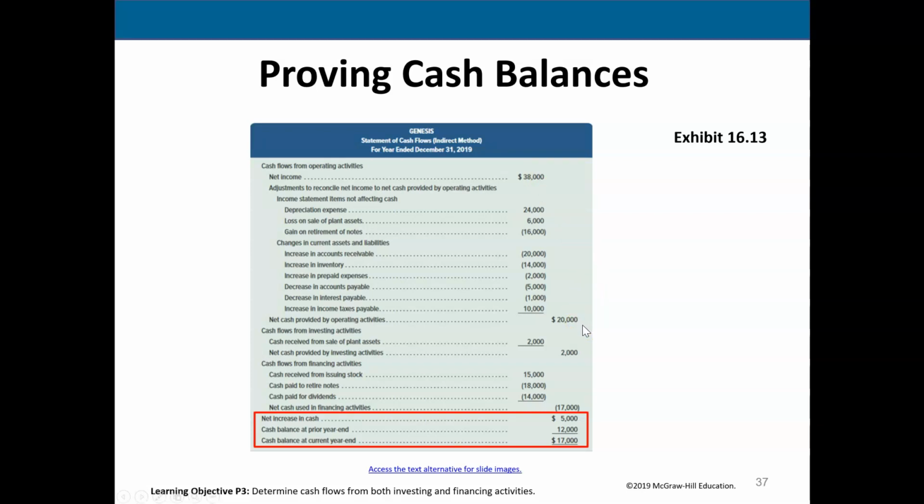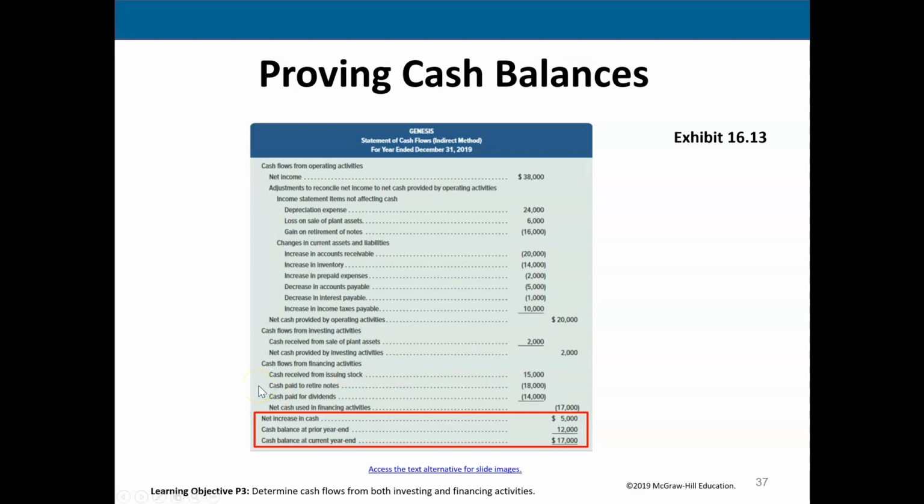Then we added net cash provided of $20,000, and then that sale of plant assets of $2,000, and then we had 3 activities under financing, which was retiring a note, dividends, and then they issued some stock, which gives you a net cash used by financing activities.